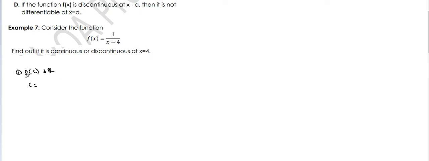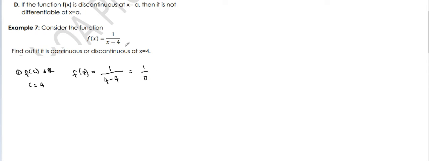So again, we have our c, which is 4. Now, if we're going to substitute this value to our function, f of 4 is equal to 1 over 4 minus 4, then we will get 1 over 0.